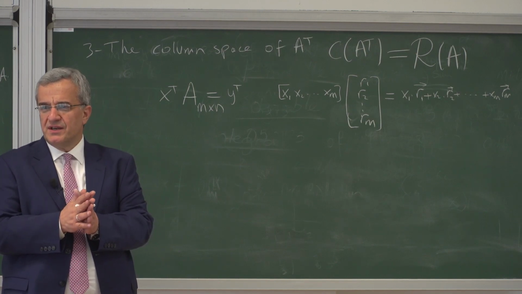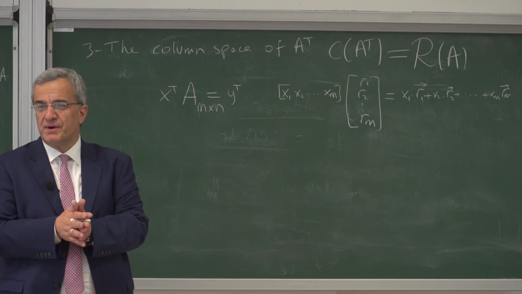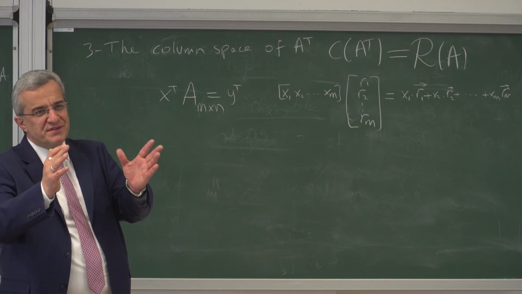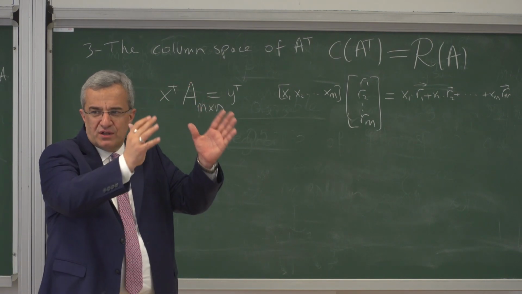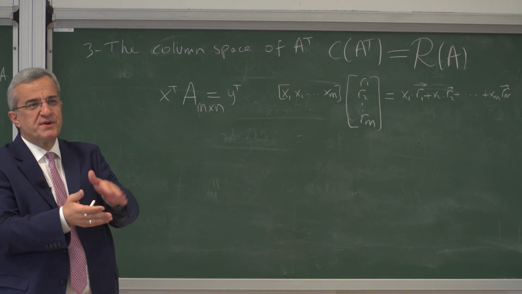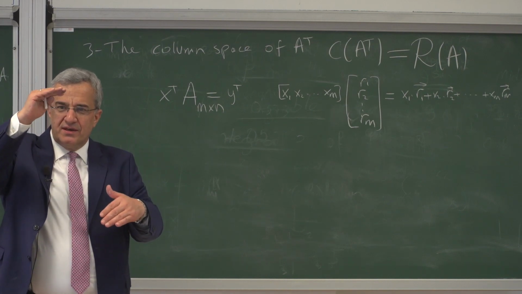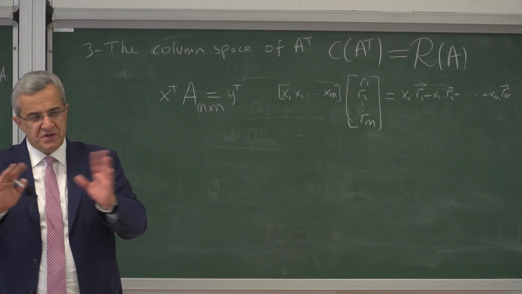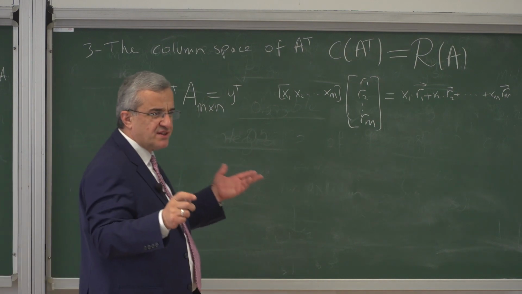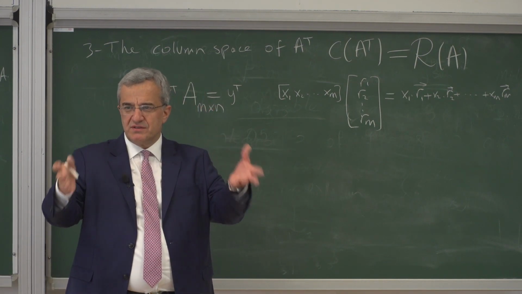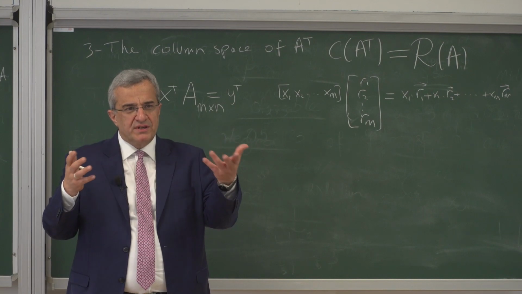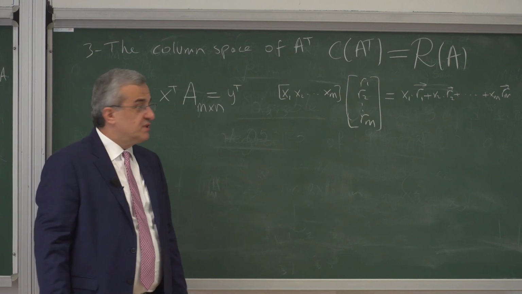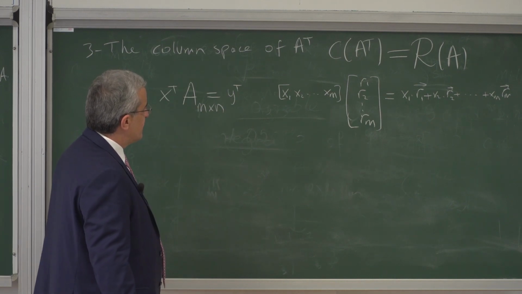We say that the row space of A is spanned by the rows of A, right? So the column space of A is spanned by the n columns of A, and the row space of A is spanned by the m rows of A. It's so simple, right? So there is nothing to get confused about. These are not difficult or confusing. Just look at it very carefully and do not think it is something difficult. It's very simple, okay?